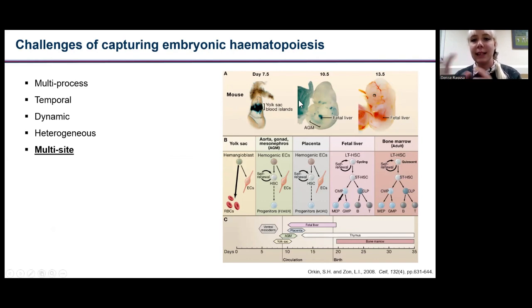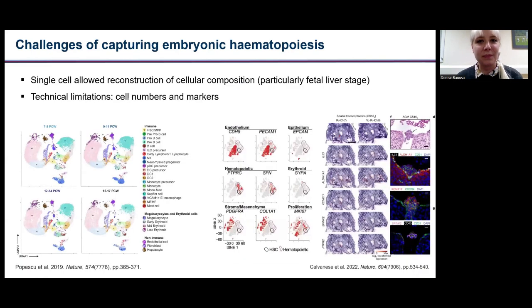So understanding all these different sites and the cells that make up all these systems has been very challenging. And without the resolution in sequencing and imaging techniques, reconstructing this process has been a true challenge. Now, as I mentioned, these methods are now allowing us to create an atlas of all these processes.